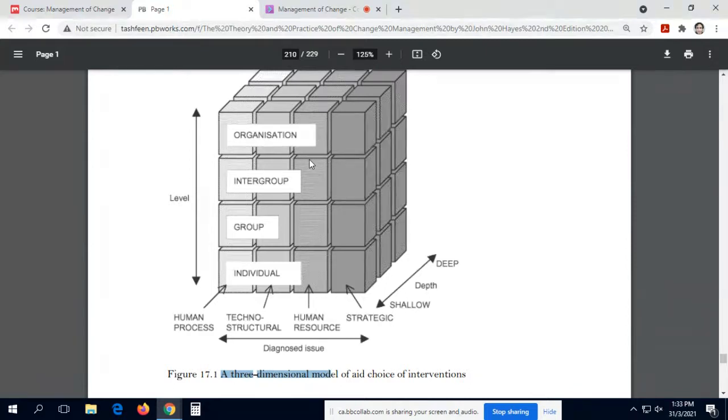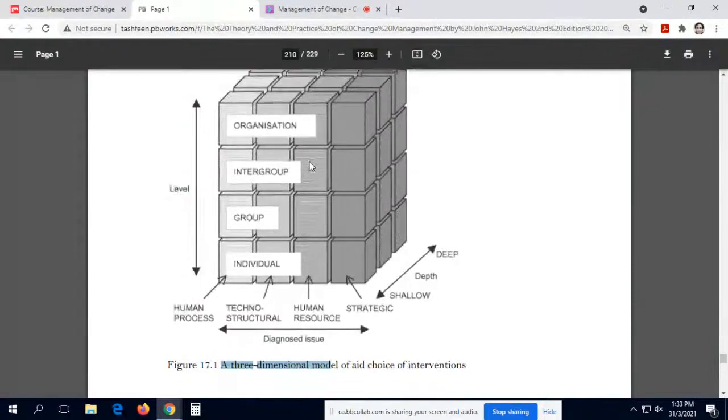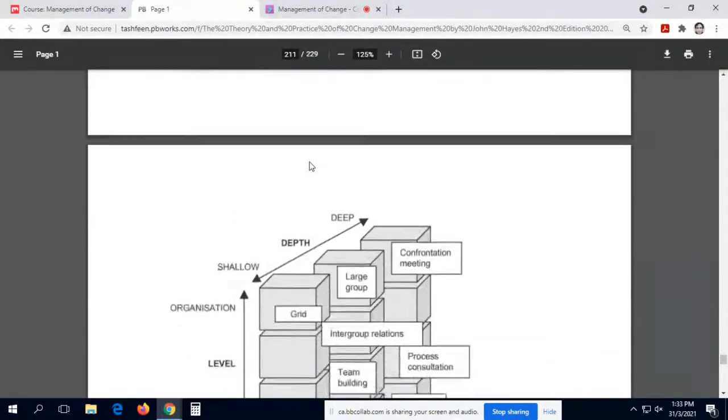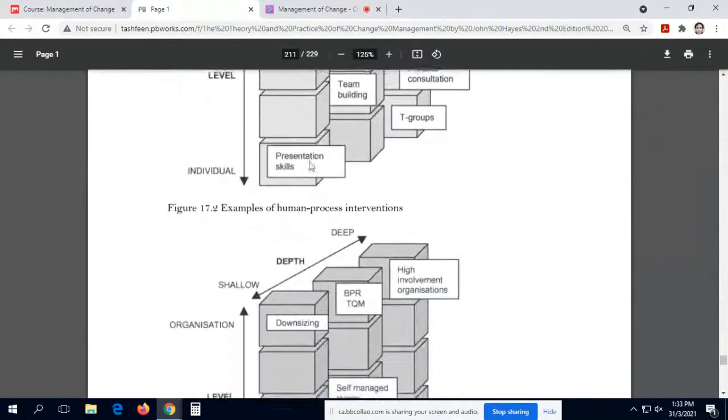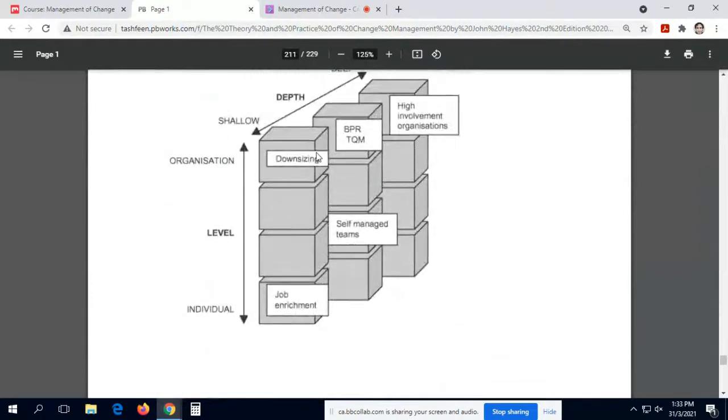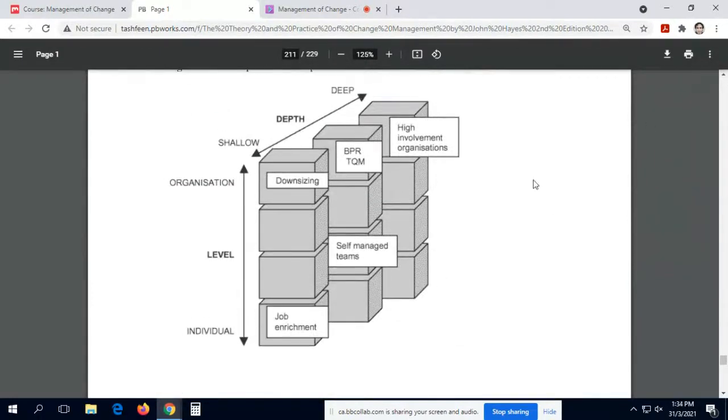Similarly, in your own time, you are going to look into the pictures. Let me look at this picture, because it is a little different in the way they have arrows. So look at this. On the left hand side it is level, individual. For the individual, if you are trying to get more work from them, you are maybe looking at job enrichment.